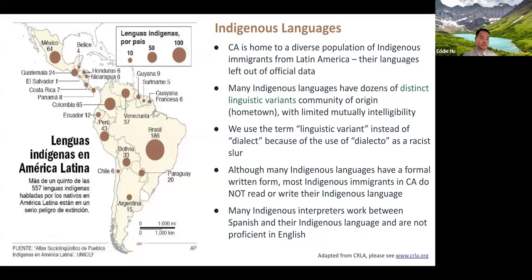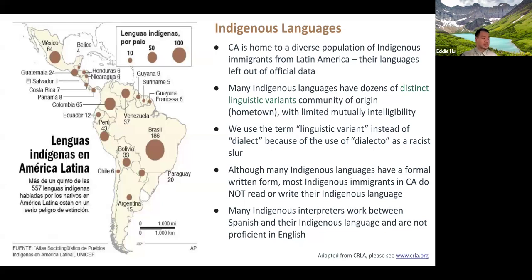Many of the indigenous languages have a formal written form. However, most indigenous Americans in California do not read or write in their indigenous languages. Many indigenous interpreters also work between Spanish and the indigenous language, as they are not proficient in English.